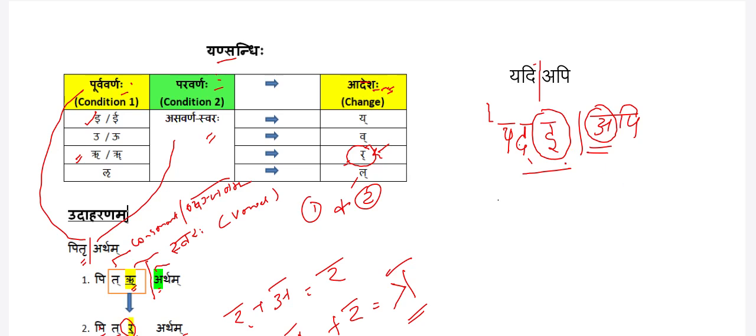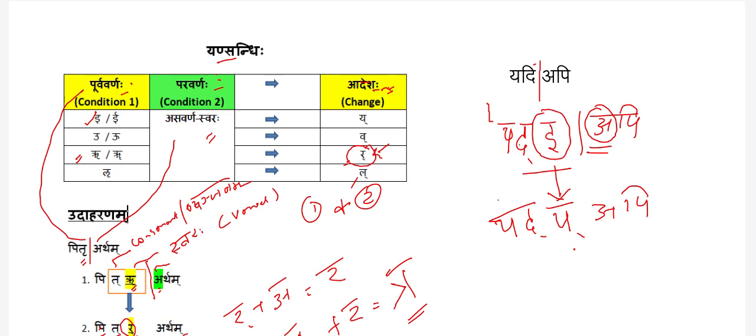So when these two conditions are met, then the Adesha will be applied. So where will this Adesha get applied? We all know that, and it is also given in the color coding. So Purva Varnaha is replaced by the Adeshaka Varnaha which is mentioned in Adeshaka. So I becomes Yakaraha. So the remaining things we have to write as it is. Ya Yid Yakaraha Api.